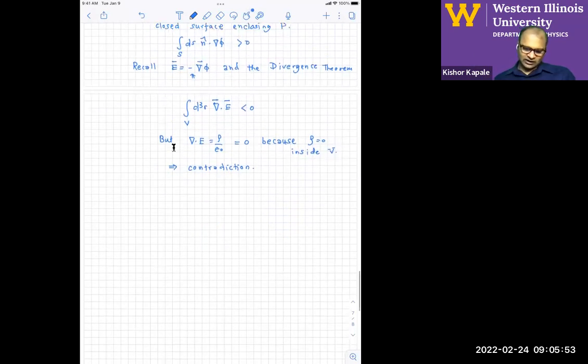And so we reached a contradiction, and that means we are always going to have the integral of ds n hatted with gradient of phi equal to 0, right?